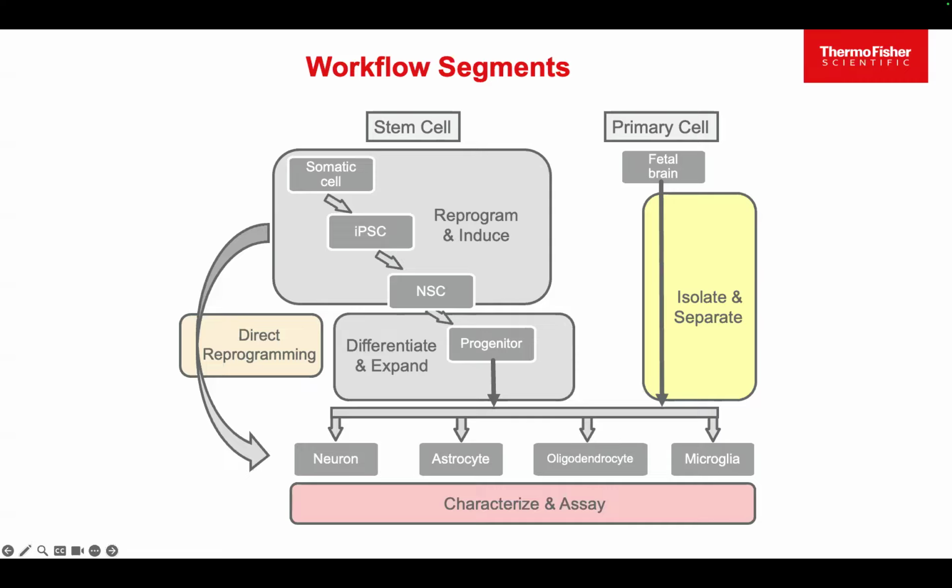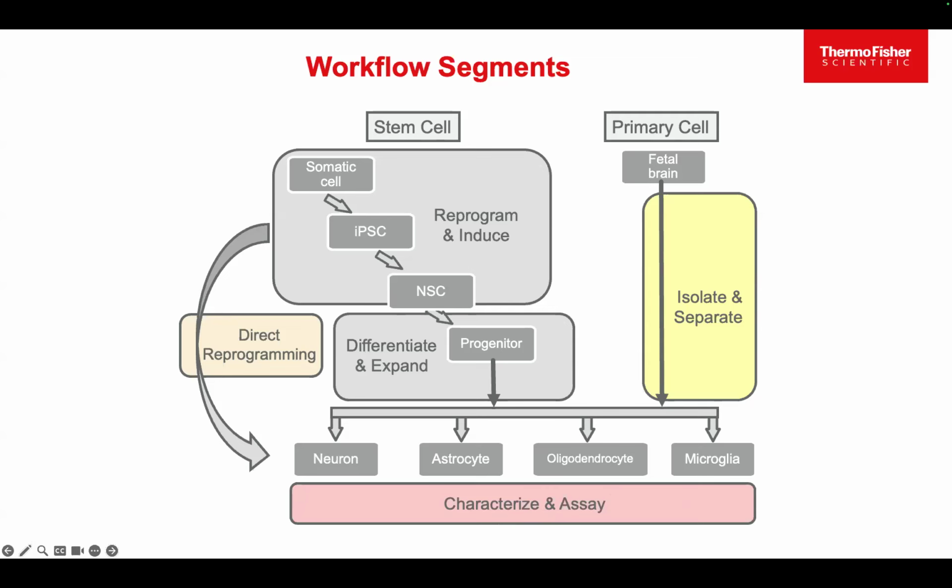Just as an example, we have something called neural induction medium that we know can convert pluripotent stem cells into neural stem cells in about a week or so. And then at this point, neural stem cells, if we want, can be expanded or in many cases differentiated into specific subsets of neurons or glial cells for different downstream applications, as you can appreciate along the bottom here.